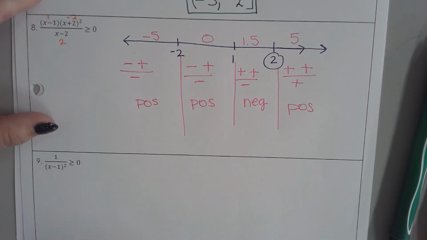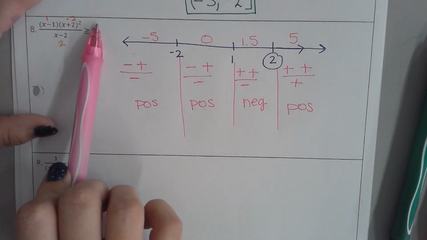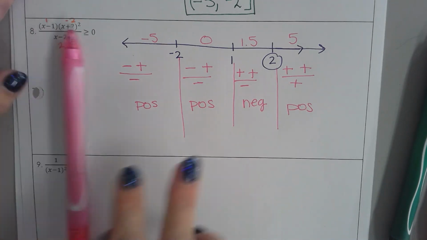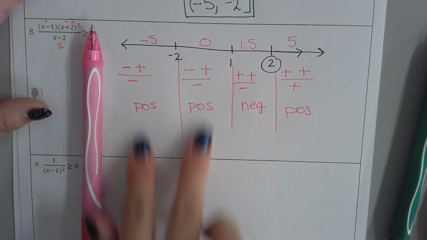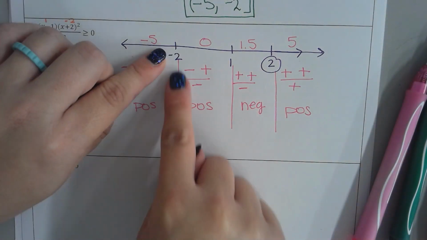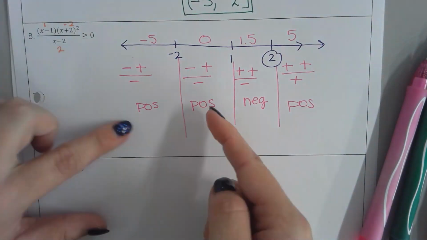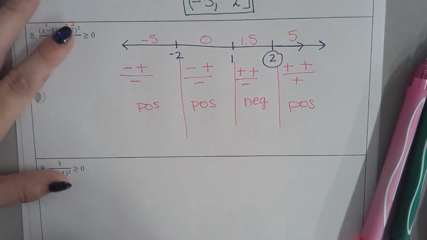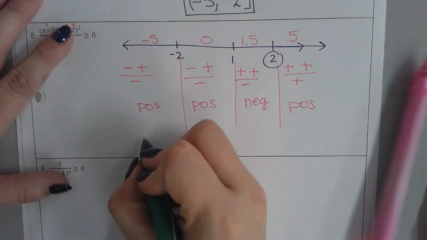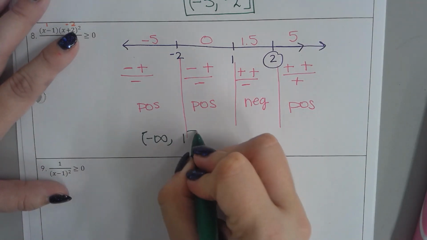So my question was asking me for what's greater than or equal to 0. Those are the positives. Notice how I have 2 positives right in a row. If this middle number is included, like it would be a bracket, we don't have to make 2 separate intervals. We can actually just make one big one from negative infinity up to 1.